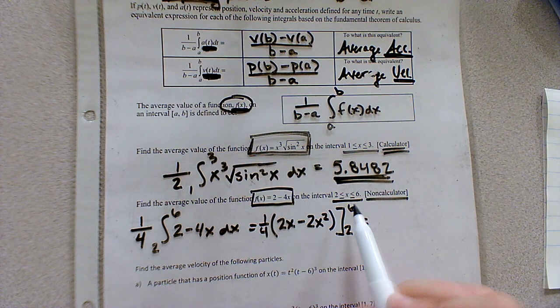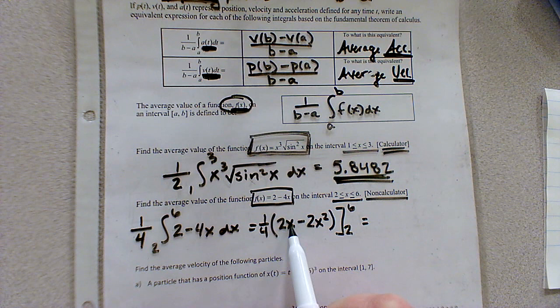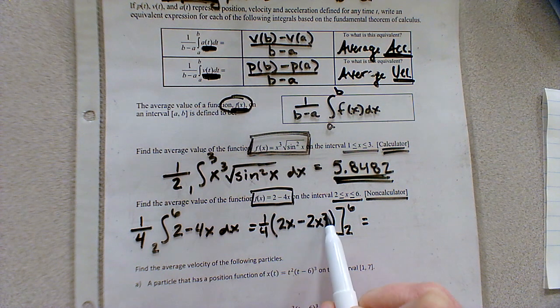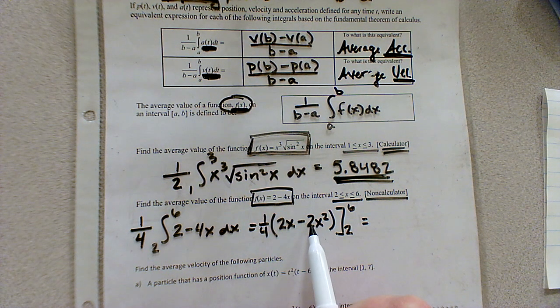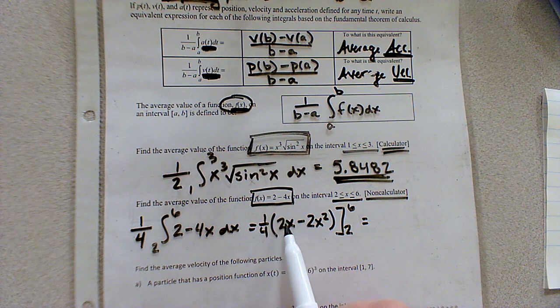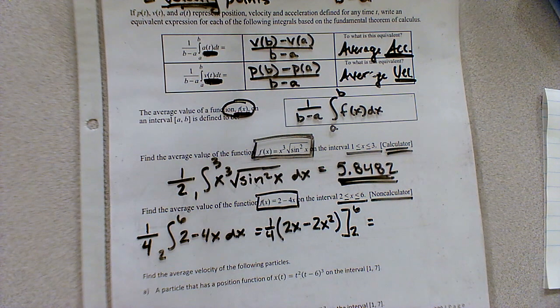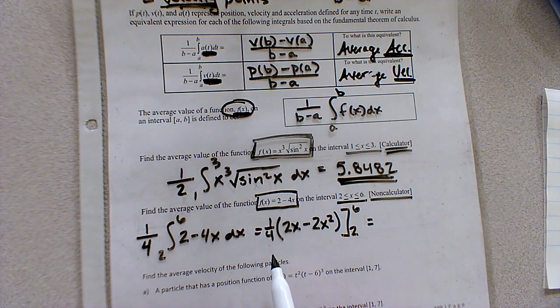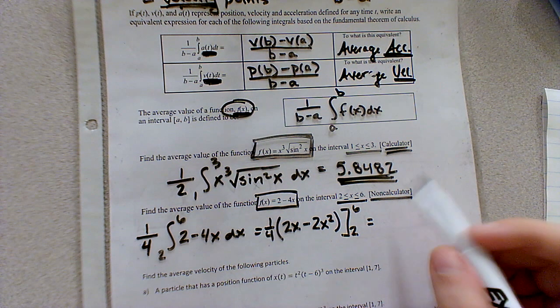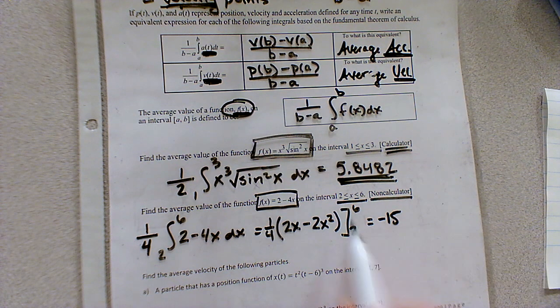So if I start to plug things in, 2 times 6 would be 12. If I square 6, that'll be 36. Double that, we'll get 72. So 12 minus 72 would be negative 60, and if I divide that by 4, I'm going to have negative 15. So if I plug in 6 into everything, I'm going to get negative 15.